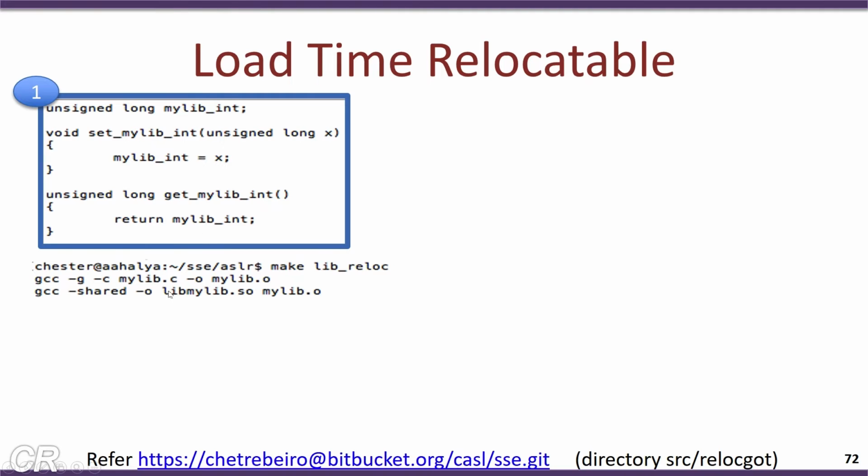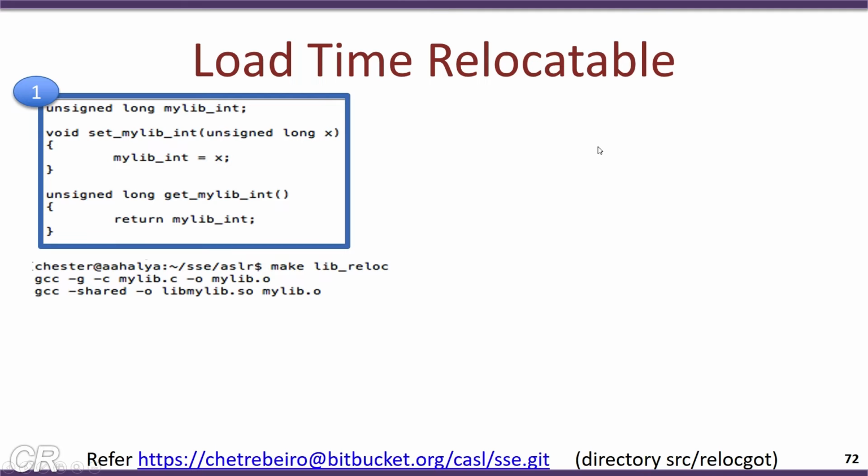Now, you can compile this library by using GCC as shown over here. By default, at least in my compiler, compiling it with this syntax would create a load time relocatable code. This code can also be obtained from this link in the directory source.relocgot.